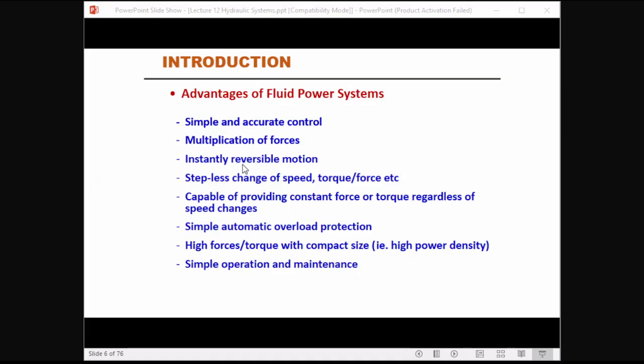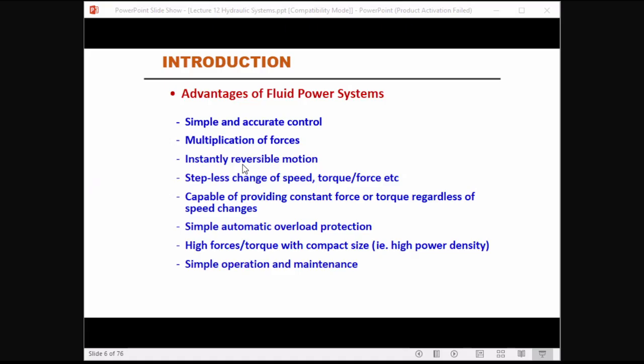As an example, you can consider an excavator. Using small force, you can handle a large amount of mass. You can lift a large amount of mass using an excavator.